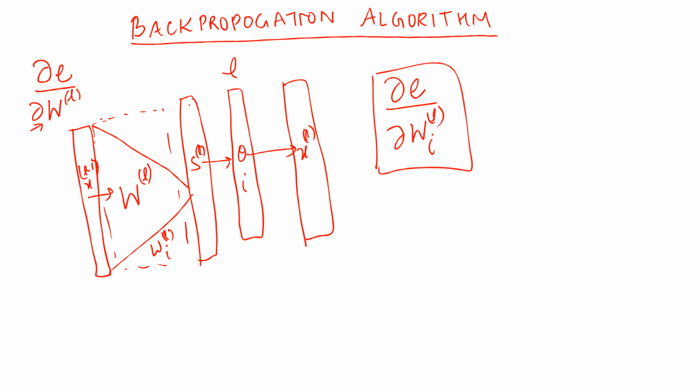The weights are affecting that signal. So I can break this down using something known as the chain rule, which you must have come across in one of your classes where you did derivatives and other calculus. Using the chain rule, I can break it down to make it more convenient: one component is the signal change, and the other is the error change with respect to the signal. Let me do that on the next slide.